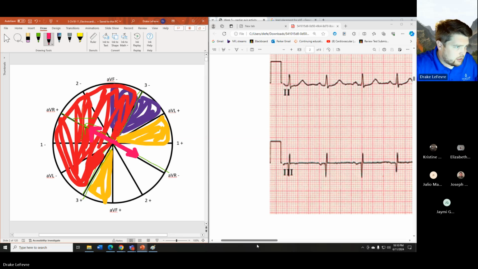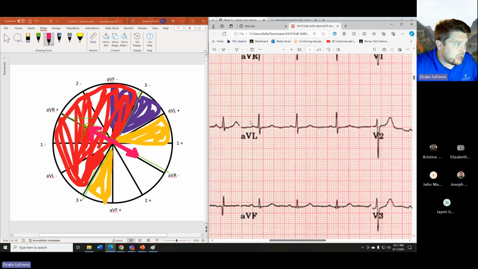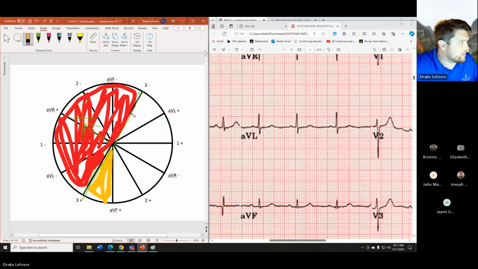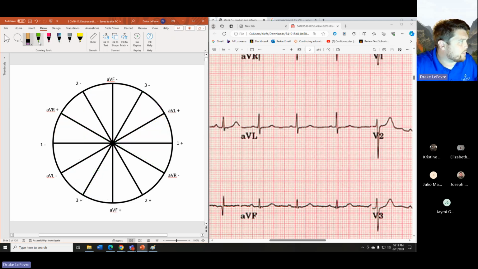For example, let's look at AVL. AVL has big positive, some negative, right? We identify where AVL is, right there. We identify the line that's perpendicular. With AVL, this is our negative side, this is our positive side.